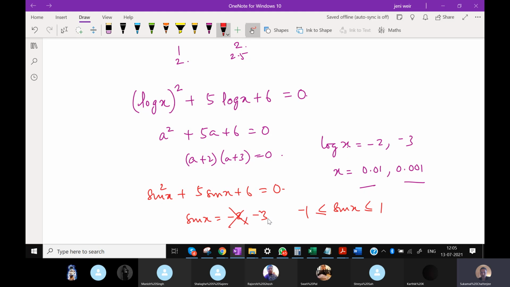So neither of these two values is possible. So in the logarithmic case, there will be two solutions. But in this case, there will be no solution. Clear?